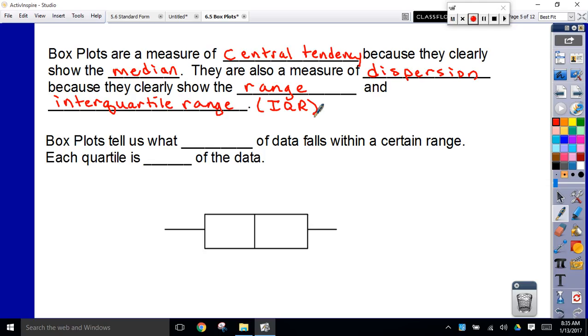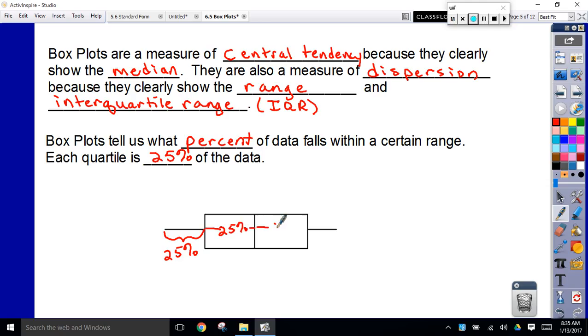Box plots also tell us what percent of data falls within a certain range. Each quartile is 25% of the data. So we have 4 quartiles. Our first quartile is 25%. The second is also 25%.